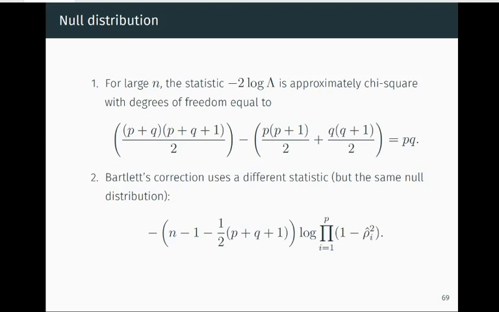We can also use Bartlett's correction, which uses a different statistic. Instead of having minus n log product of 1 minus rho hat i squared, we get this term here: n minus 1 minus half of p plus q plus 1. But we keep the same null distribution. So for large n, this statistic with the Bartlett's correction is also approximately chi squared on p times q degrees of freedom.